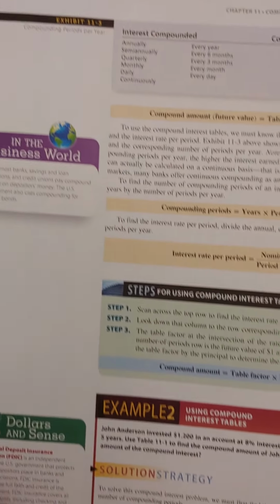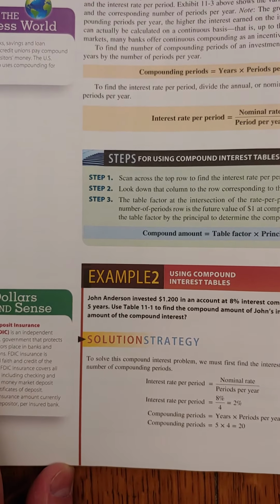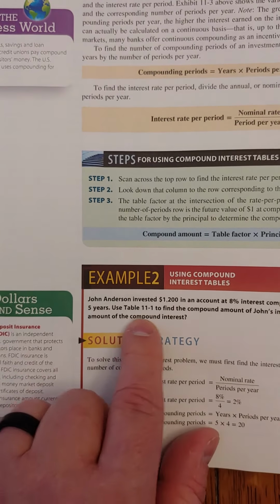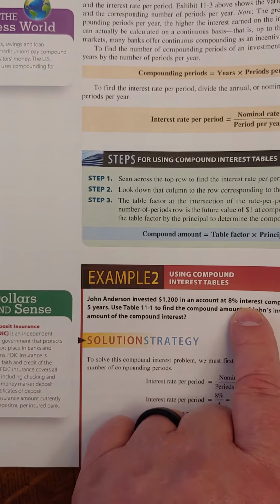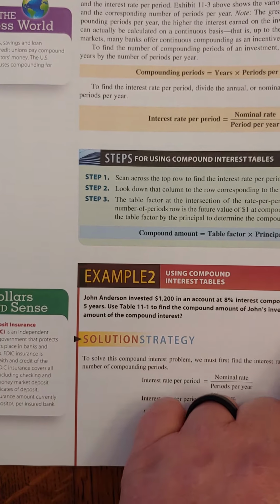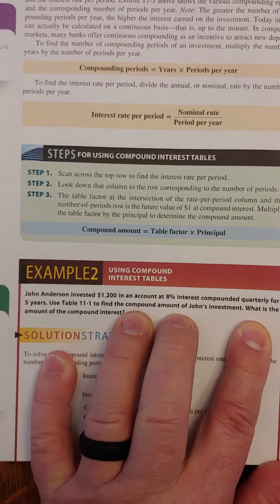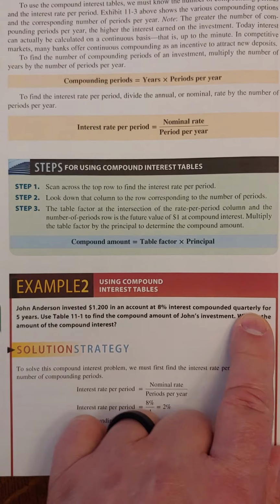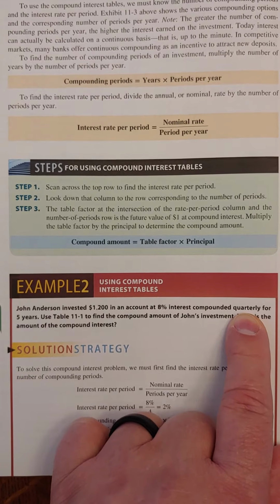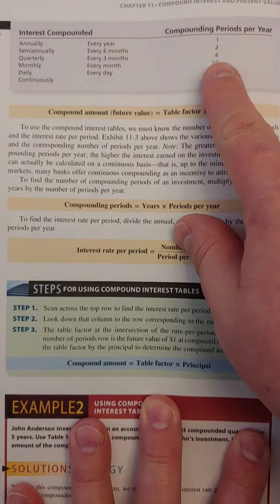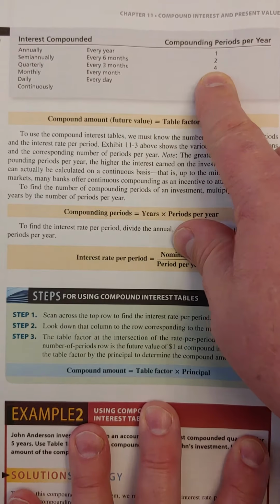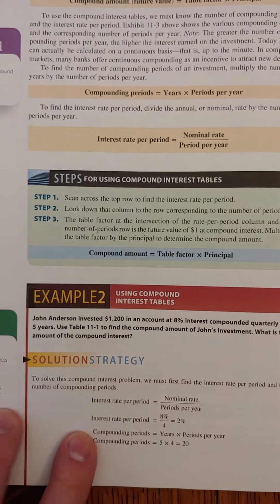So what I'm going to do real quick is a little practice problem. John invested $1,200 in an account at 8%, compounded quarterly. How many per year? Quarterly is 4, so we have to remember that.